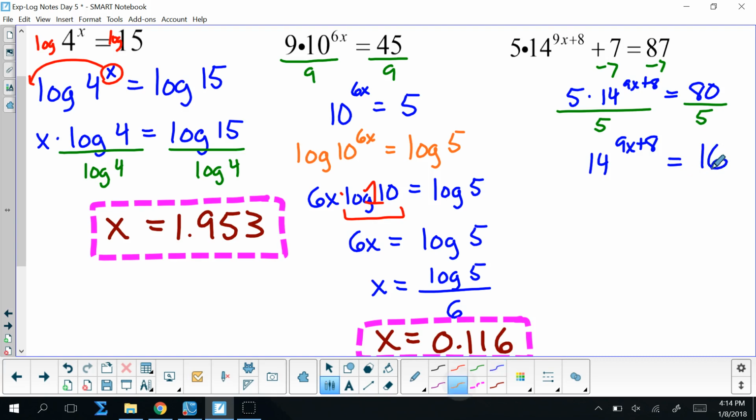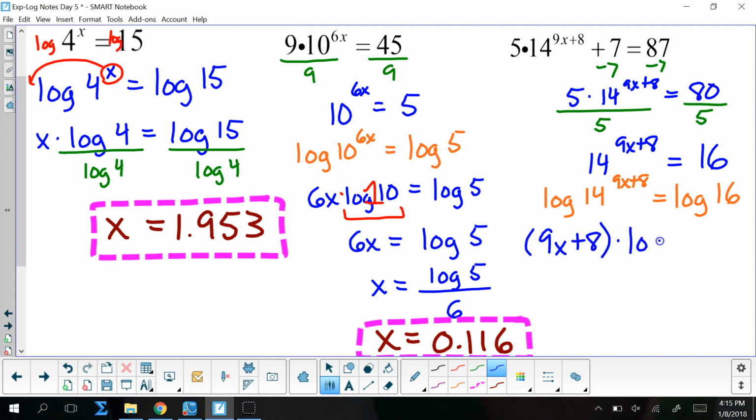Then I would take the log of both sides. So that's going to give me... here now, I would divide both sides still by the log of 14.